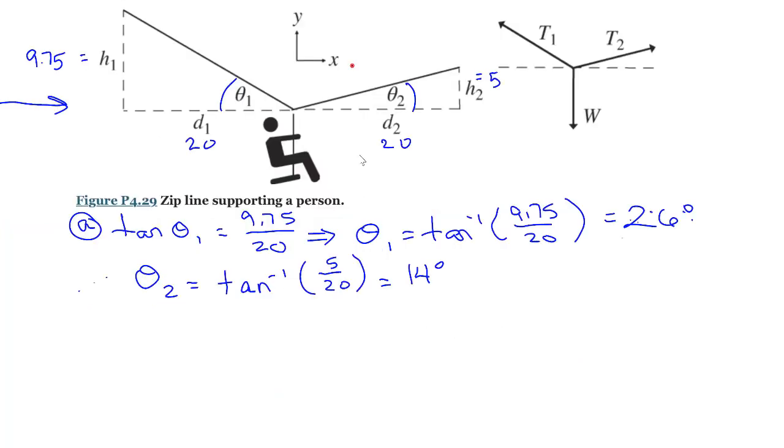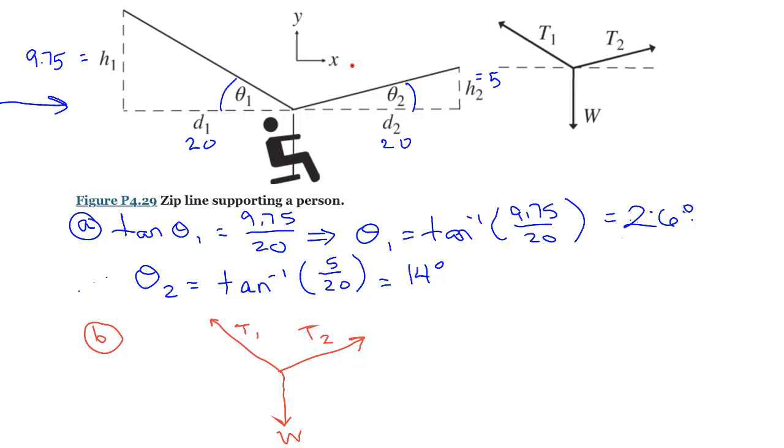Here I have B. And I'm going to redraw that down here so that I don't have to worry about it going off the screen. So here's T2. Here's T1. And the person's weight on the zip line is going straight down.